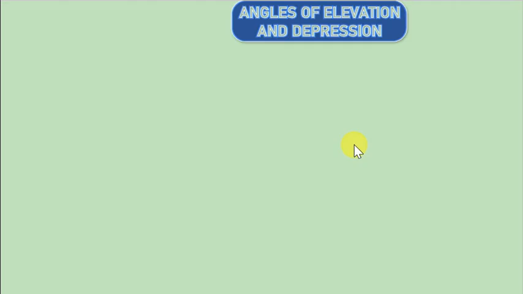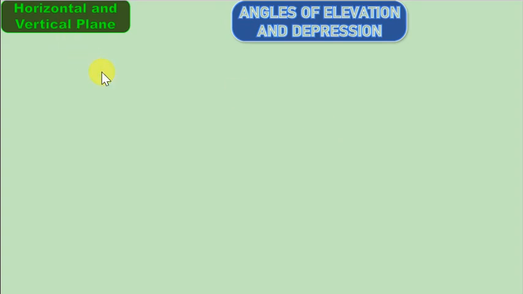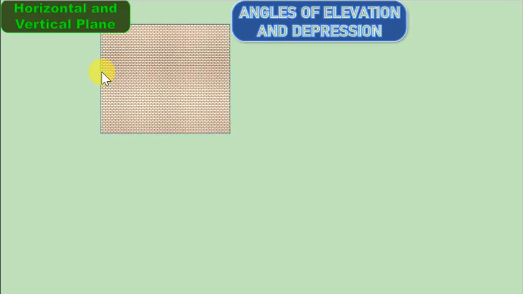The angle of elevation, the concept. To define the angle of elevation and depression, we need 2 important surfaces, the horizontal surface and the vertical surface, or what we refer to as horizontal plane and vertical plane.